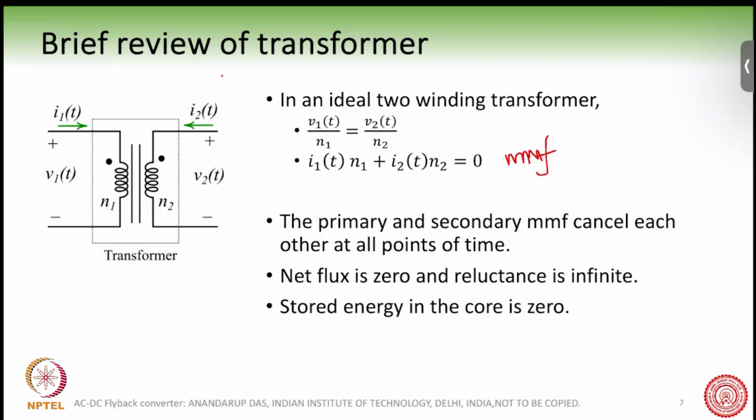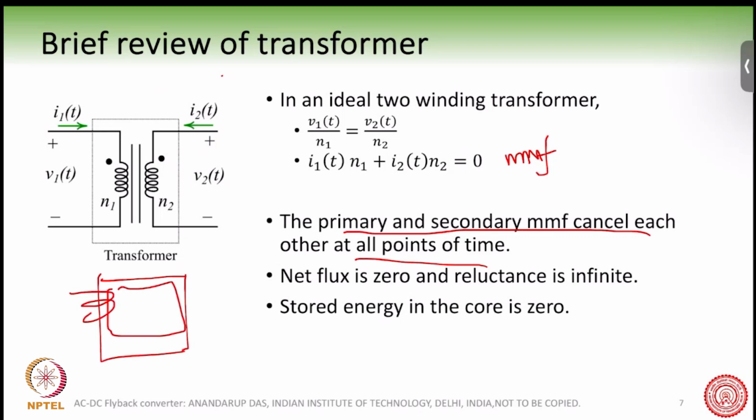Okay, now when you do this, one of the important things is the primary and secondary MMF cancel each other at all points of time. Okay, this is an ideal transformer. So this is the core of the transformer, and you have a primary winding and you have a secondary winding here.